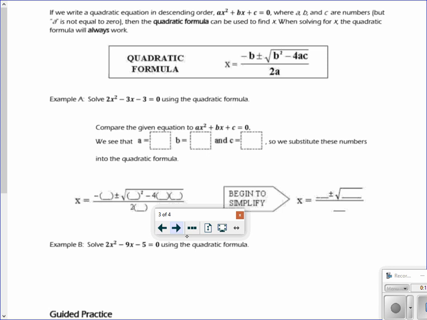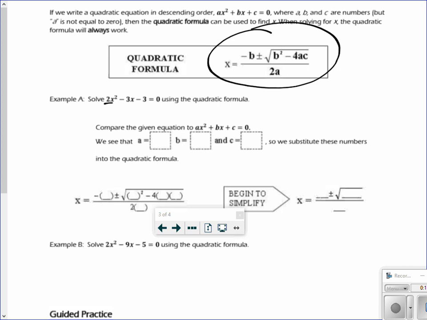Alright, quadratic formula. This is it. The purpose of the quadratic formula. Let's go to this problem. Example A. So far, if I had asked you to solve this, what do we do to solve it? Factor it. Okay.